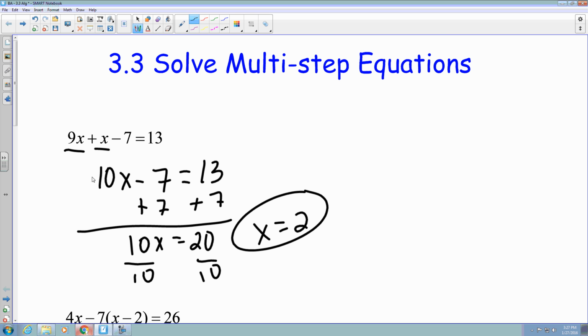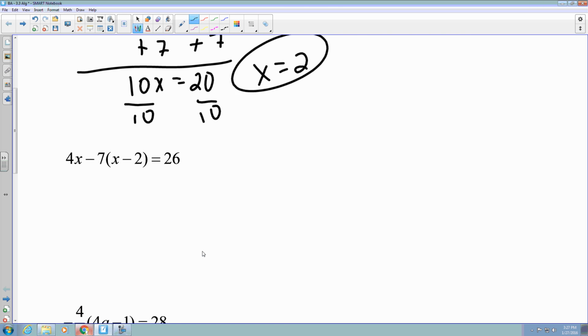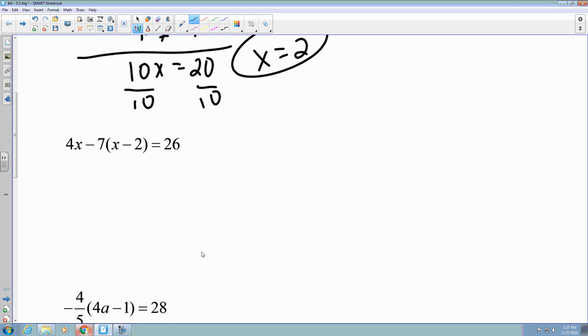Okay. Going down to another example, I have 4x minus 7 times the quantity x minus 2 equals 26. For this particular problem, we have to distribute that negative 7 over the x minus 2 before we solve. So when I distribute, it's going to be 4x minus 7x plus 14 equals 26, because negative times a negative gives you a positive.